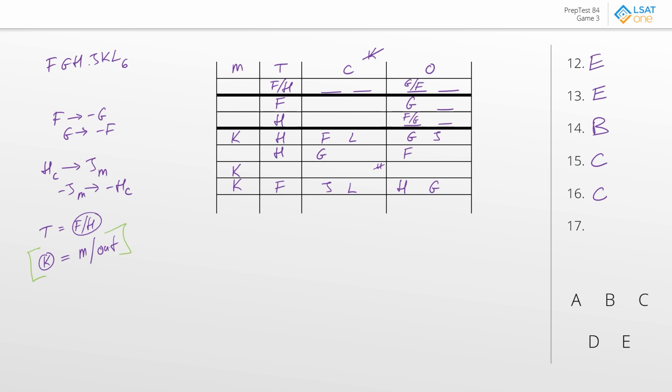And moreover, this only tells us what happens if F is out, right? If F is in, this doesn't tell us what happens, and that would still leave open the possibility that K could be a counselor in that scenario. So this doesn't seem like it had to be true, nor does it seem like it has the impact that we need it to. So again, we haven't proven that false, but at the same time, it doesn't seem like there's any merit to the answer.